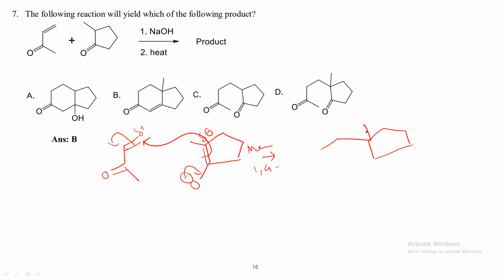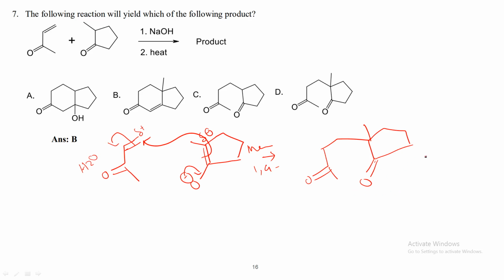So here 1 methyl, the keto group, and here this. Here the negative charge is generated, and it is in aqueous medium, so H2O is there, so it can easily be protonated like this.